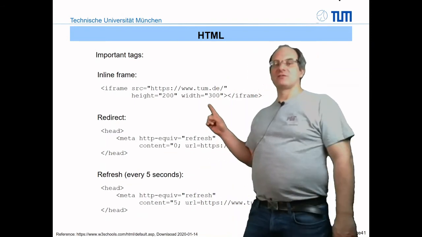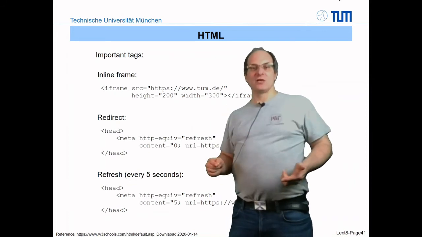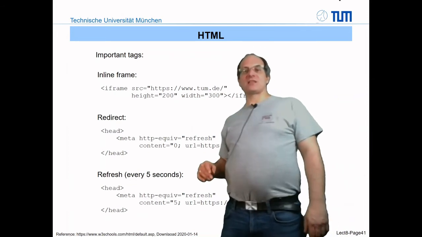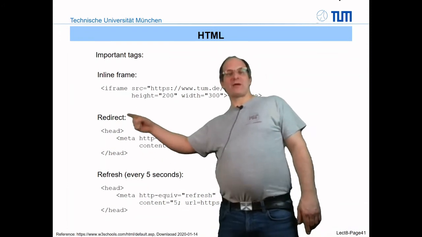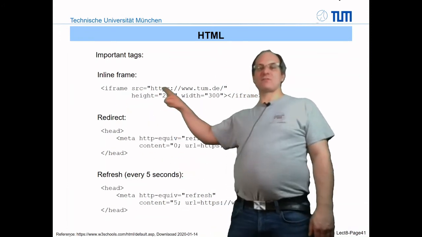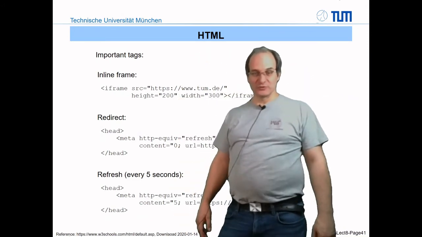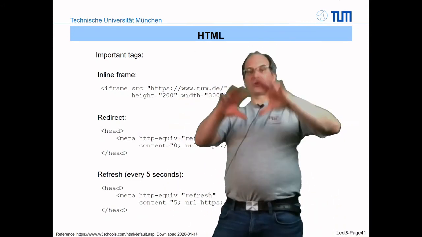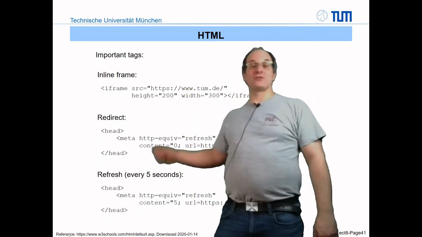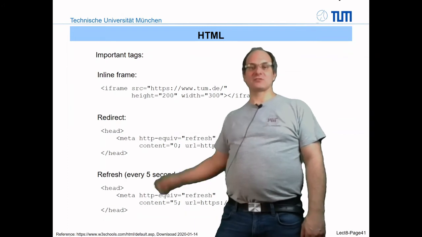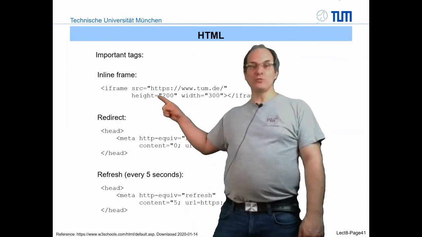And you can define a height and a width so that you can have a web page in a web page with scroll bars or not, and things like that, so that you have an inline web page in a frame. This is in most cases used if you have these framed outputs, like with menu bar and headline bar, or in dynamic adaptations, because you can load with scripts new web pages into these iframes.